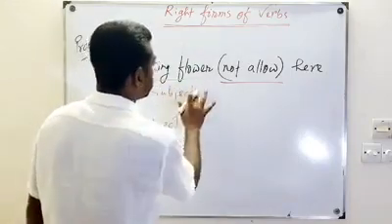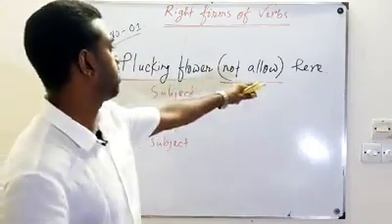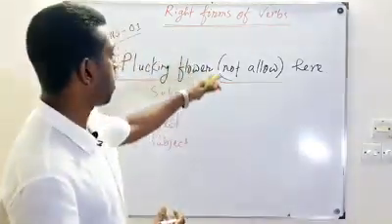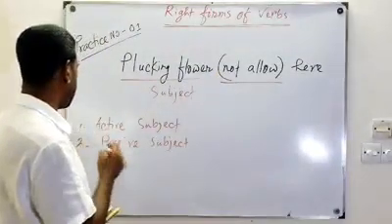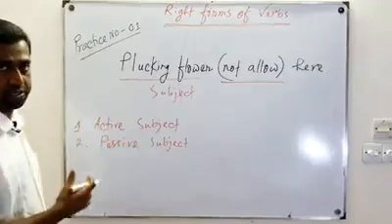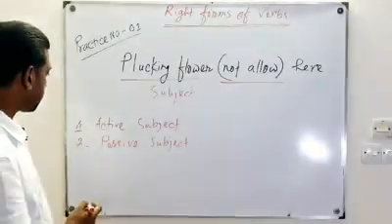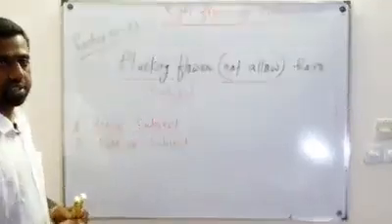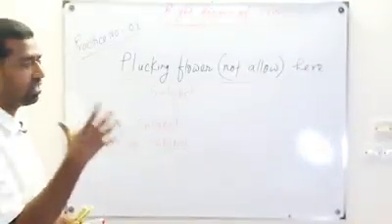This is subject, this is verb, and this is extension, extra portion of the verb. So, what is an active subject and what is a passive subject? Clear? Active subject refers to persons like I, we, you, he, she.